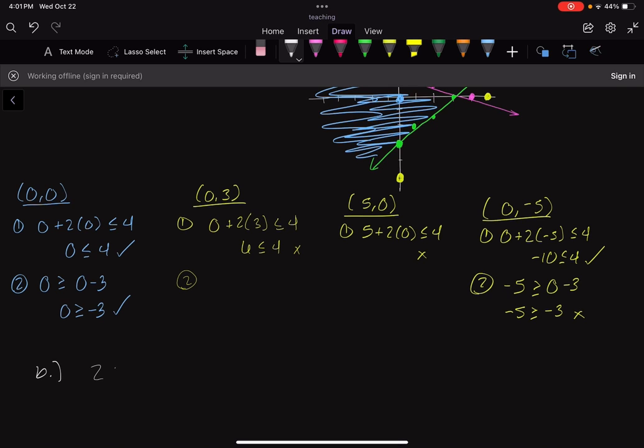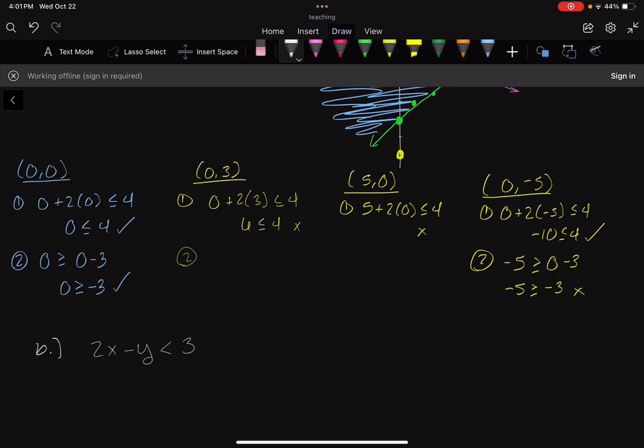Let's do 2x minus y is less than 3. And then we'll do y plus 4 is greater than or equal to negative 2x.